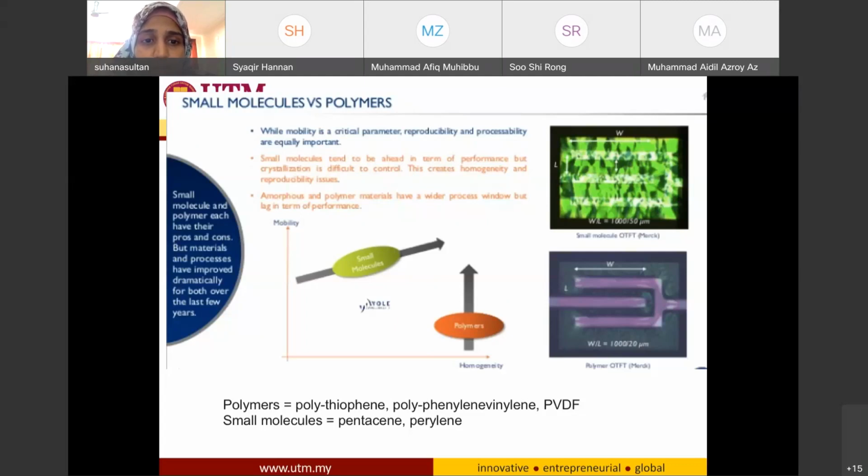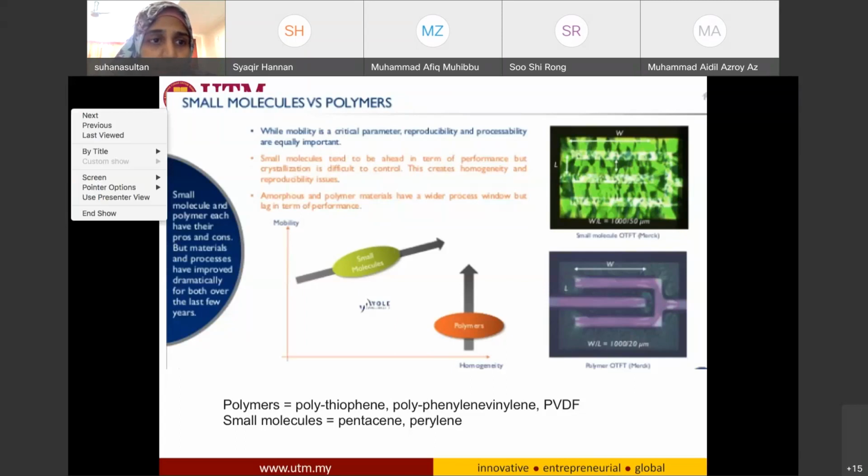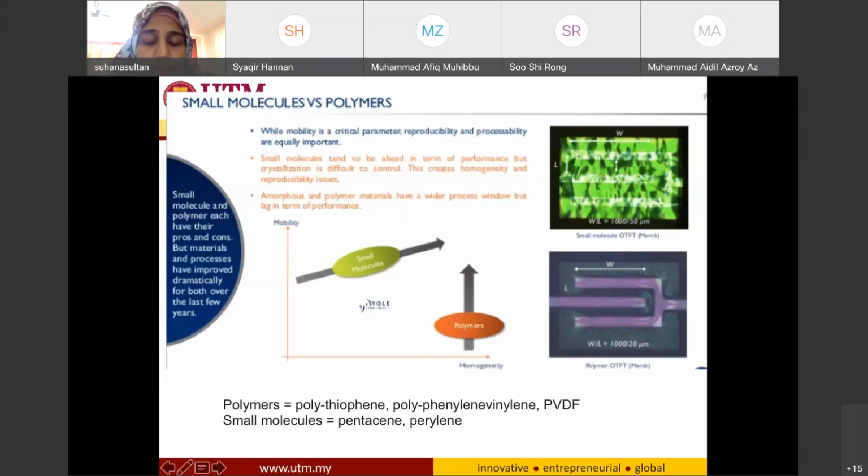If you look here in the chart, the smaller molecules have a higher mobility. They can produce a higher mobility device compared to polymer based. But they still prefer polymers in some applications because of their uniformity in covering the substrate.